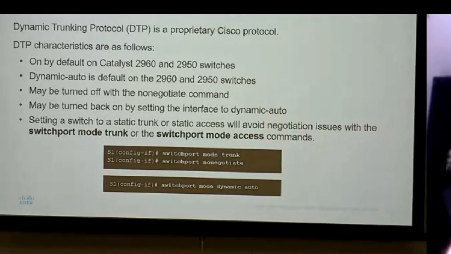Because anyone could walk in with a laptop with some special software on there to talk and walk like a switch. That switch will think it's a switch and negotiate this trunk link. Now you just gave a perpetrator access to all of your VLANs that that trunk is allowed to carry.